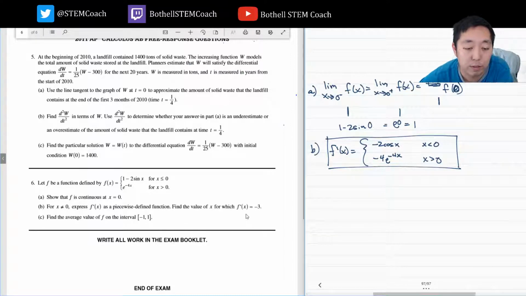Find the value of x for which the derivative of f equals negative 3. So I want f prime of x equals negative 3. For x less than 0, I could have minus 2 cosine x equals negative 3, or cosine x equals 3 halves.